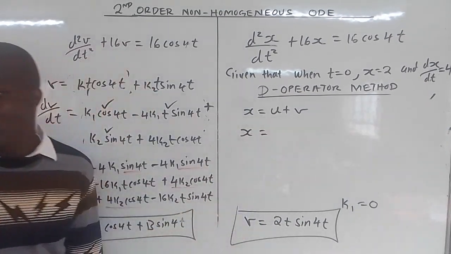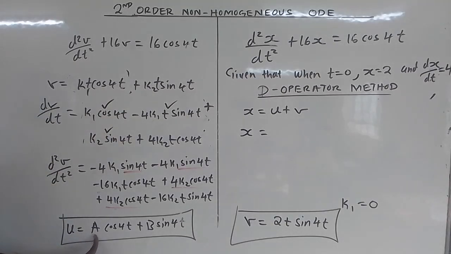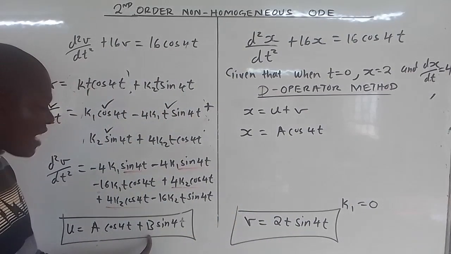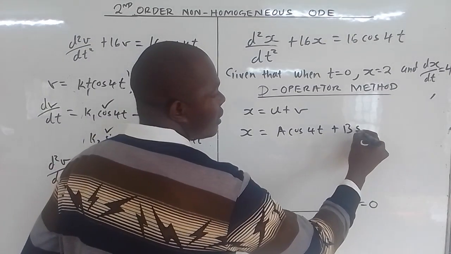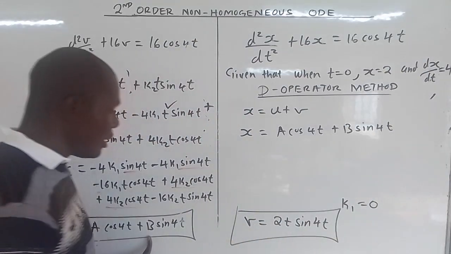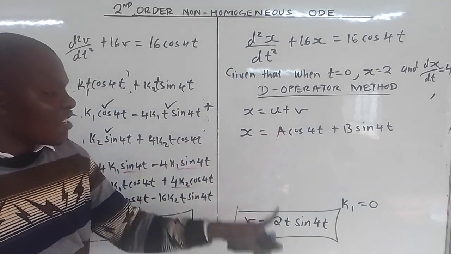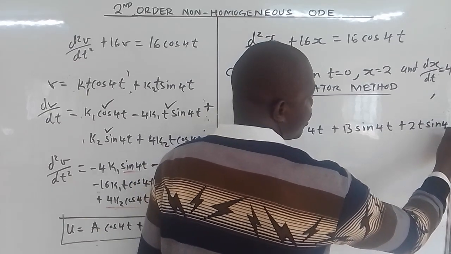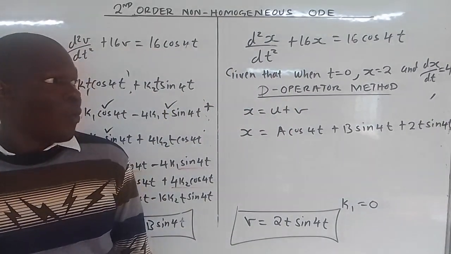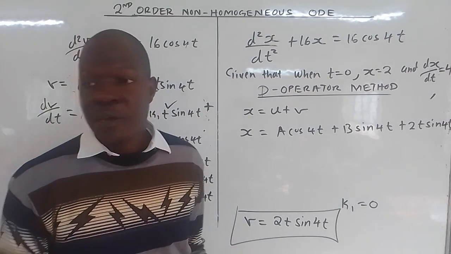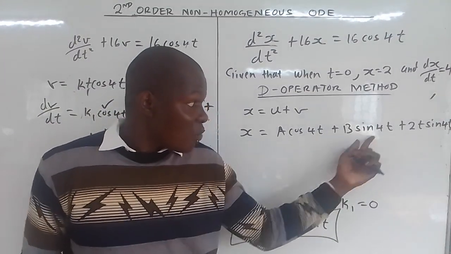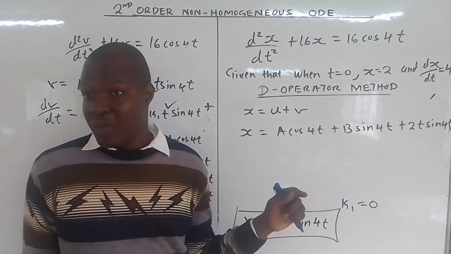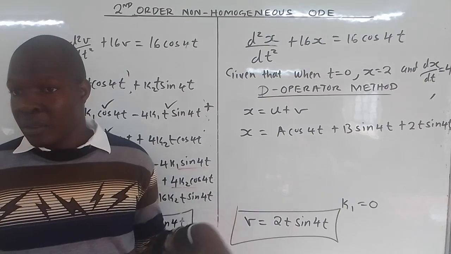So x is equal to u, which is a cos 4t plus b sine 4t. So the whole of that is u, then plus v. V is plus 2t sine 4t, meaning you are choosing the value of v because this particular integral will always be a term which is different from this, isn't it? Are we together? It will always be a term which is different from the other one.